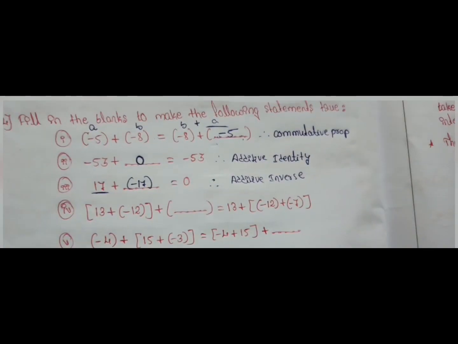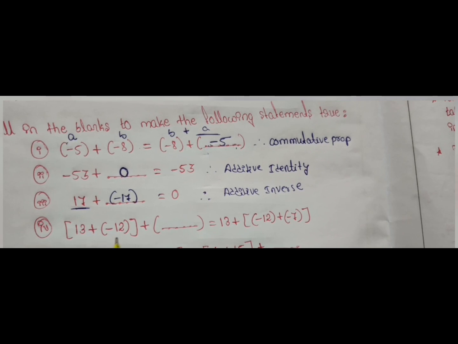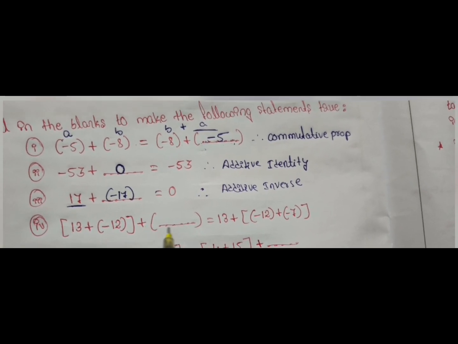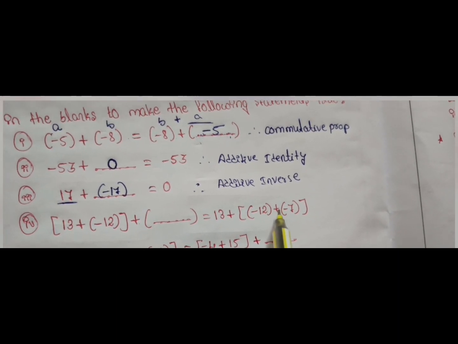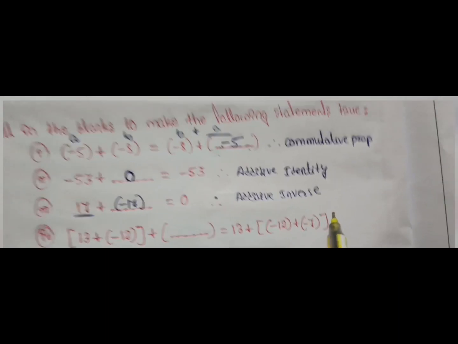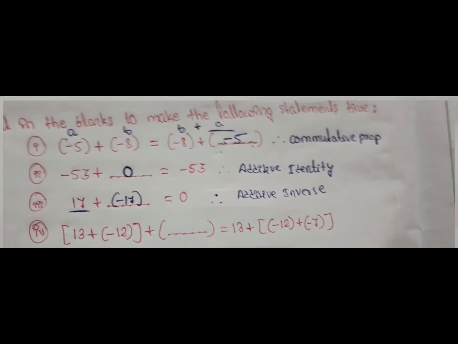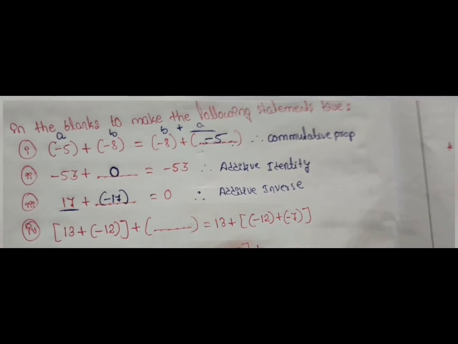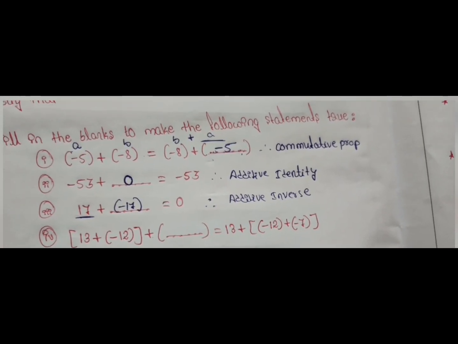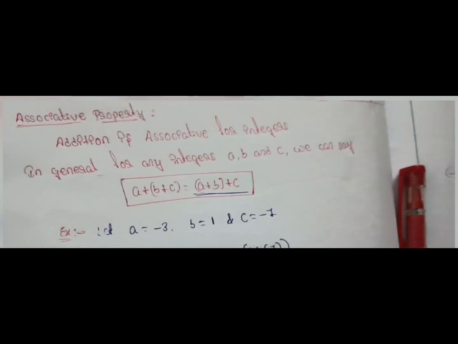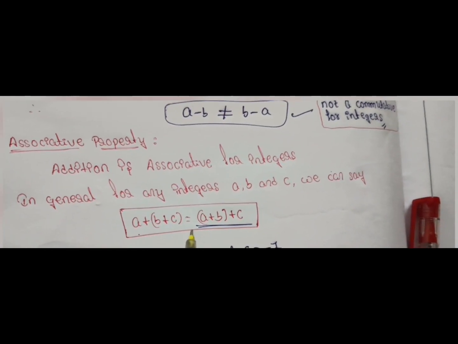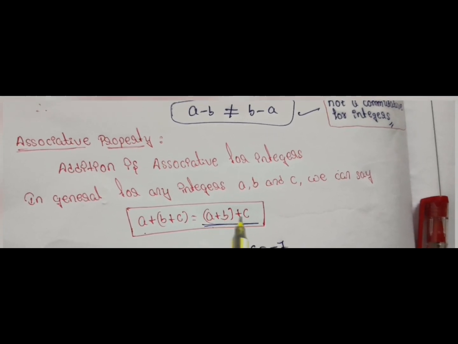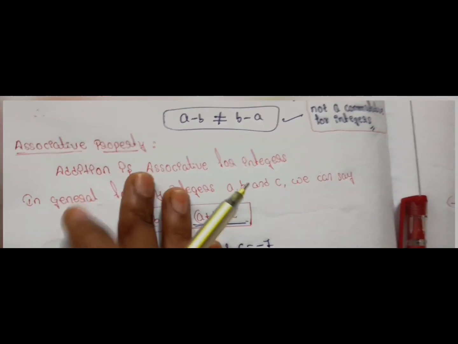Next question. 13 plus -12 plus dash is equal to 13 plus -12 plus -7. Which property we have to apply here? That is the associative property. A plus B plus C is equal to A plus B plus C. This property is satisfied for integers. I already told.